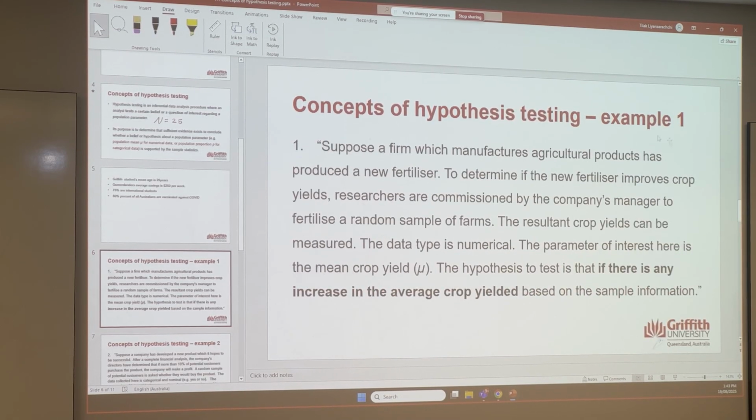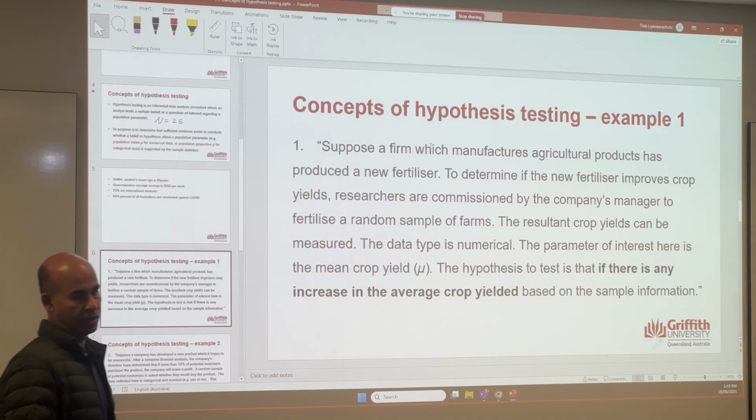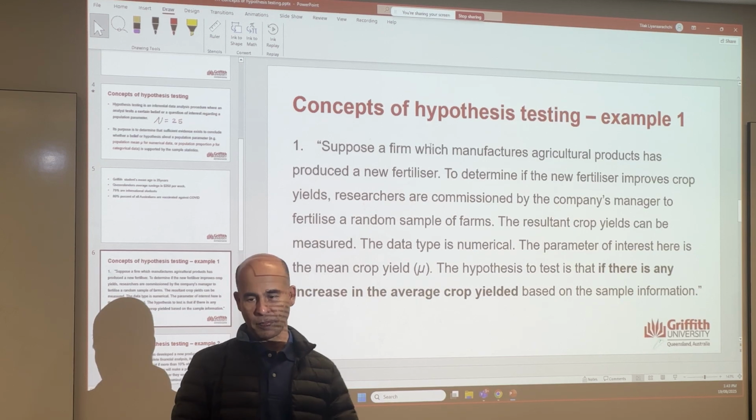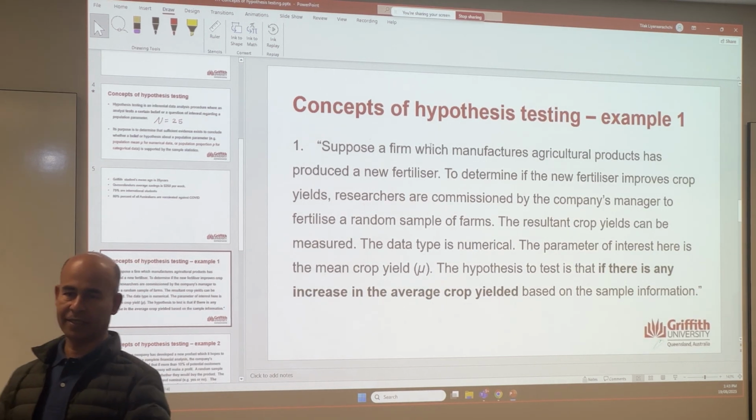Okay, so this is another example. Suppose a firm manufactures agricultural products, so they produce fertilizers. Suppose they are going to produce a new fertilizer. Why do they produce a new fertilizer?